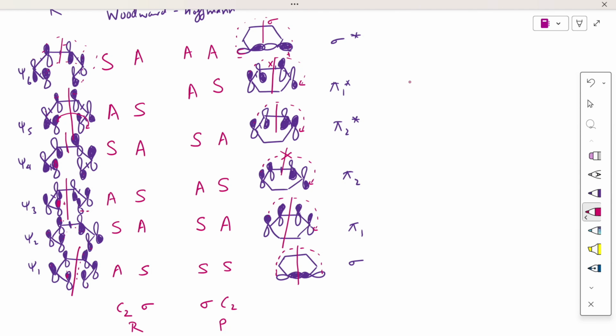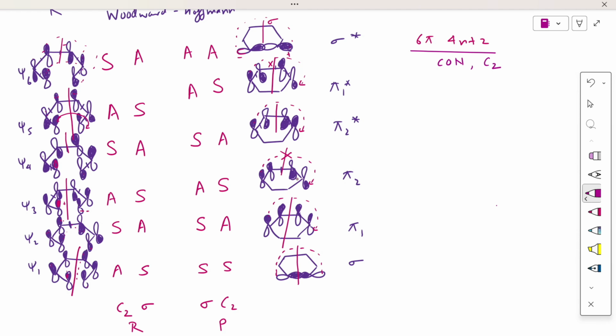Okay. நான் ஏற்கனவே சொன்ன மாதிரி so this has 6 pi electrons therefore it is 4n+2 system. Okay. Let us do the con. So con க்கு நம்ம என்ன எடுப்போம், we'll take C2. Okay.